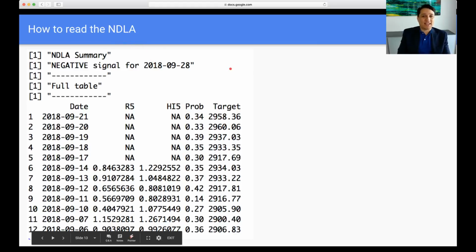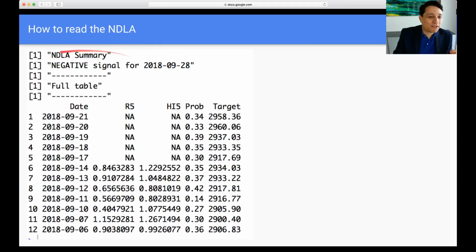So this is an NDLA table. I am looking at my screen. We have a summary section, and the summary tells us if we have a positive signal for next week or a negative signal. In this case, because this is from yesterday, from Friday, we got a negative signal. So the signal is completely negative. That means that the NDLA algorithm is not seeing a 1% move up next week.